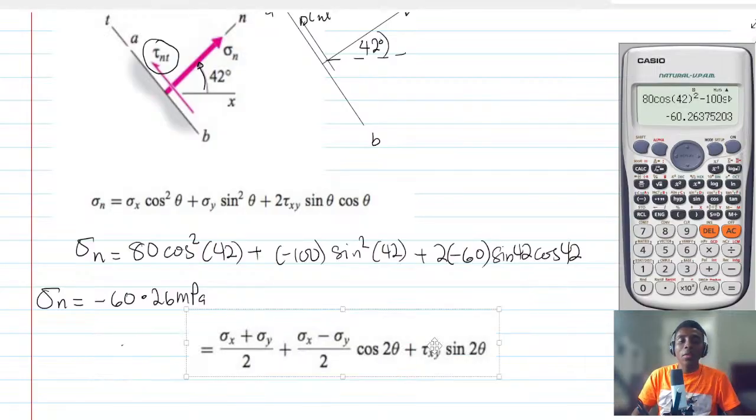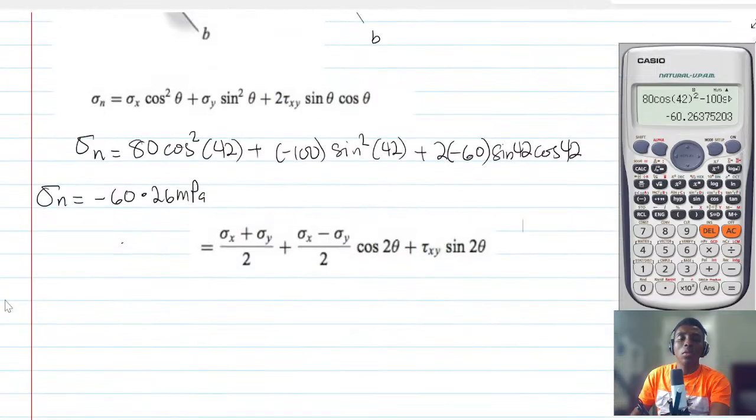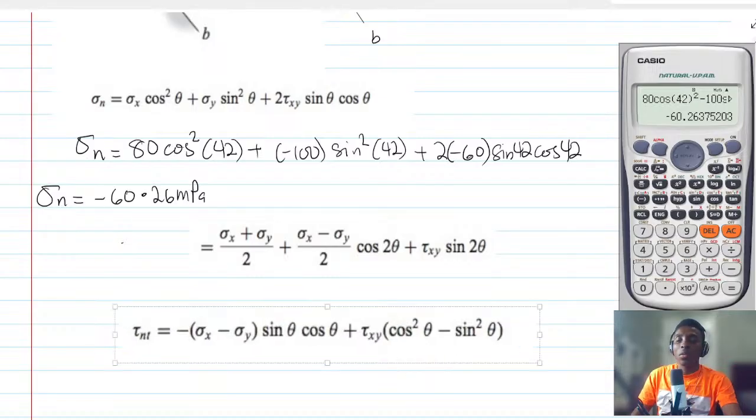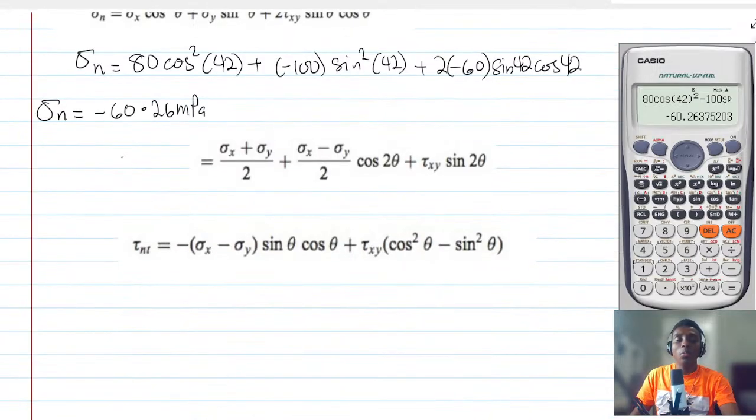But if you want to get the tangential, the formula that you have to use is this. Have you seen these equations before?